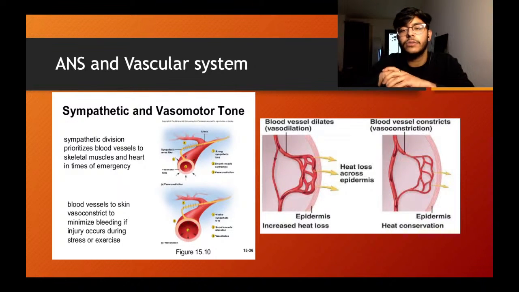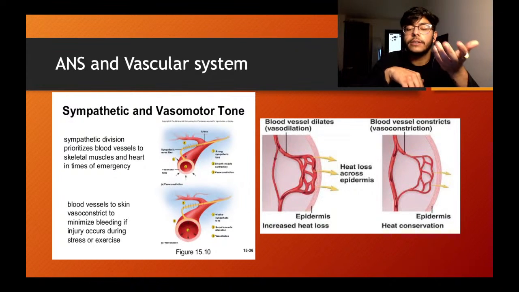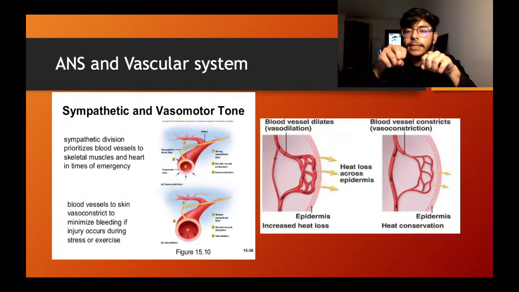So my blood vessels would dilate, leading to better convection, better losses through conduction, anything. If I'm in a cold area, I need to preserve every bit of heat that I can get. So my vessels are going to start constricting so that there's less heat loss.